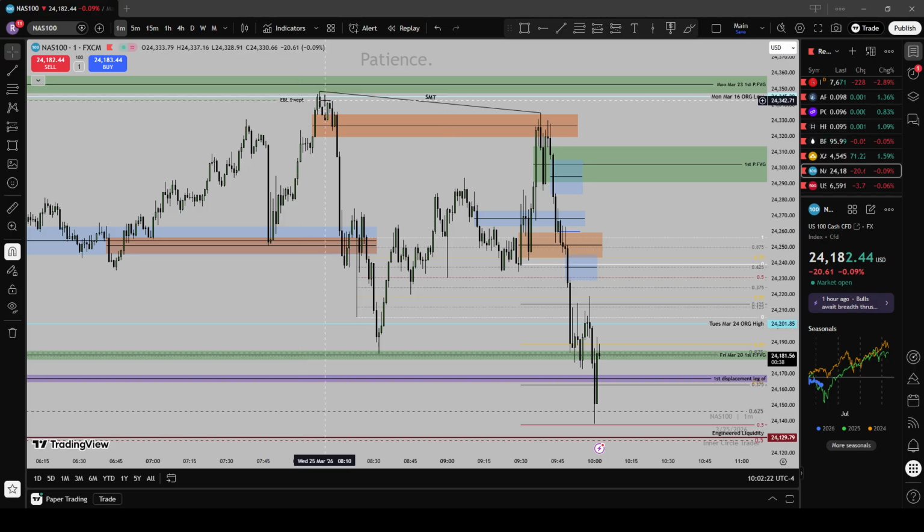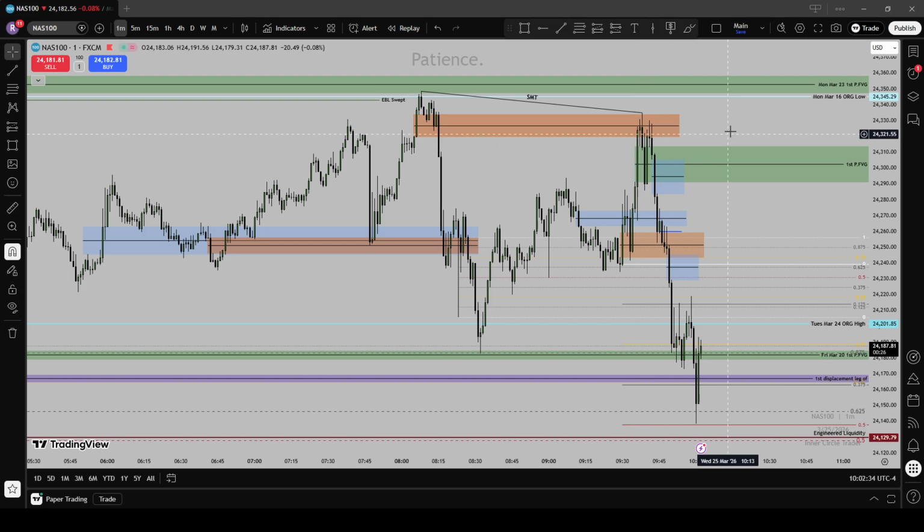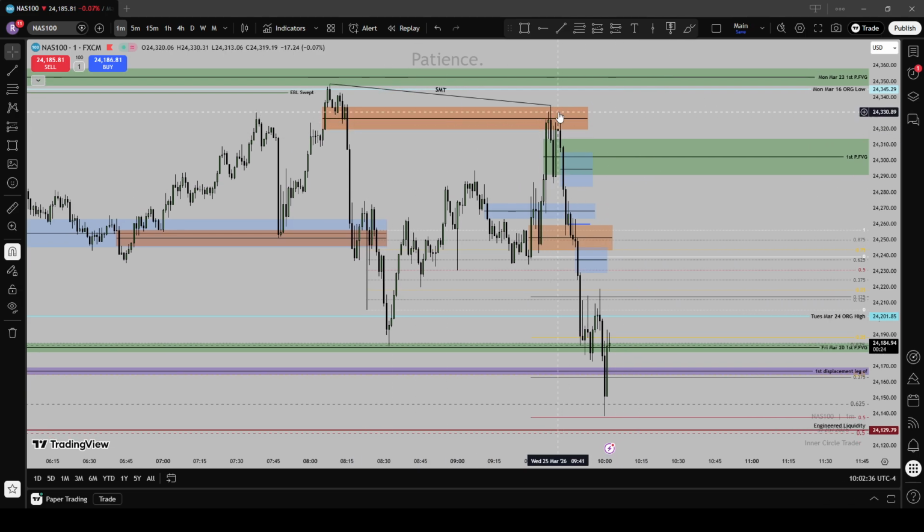The last fair value gap after we took the engineered liquidity was this. SMT on that high, and check how they struggled to get above. They came down, again up, and check how the bodies are closing. And then we run down.